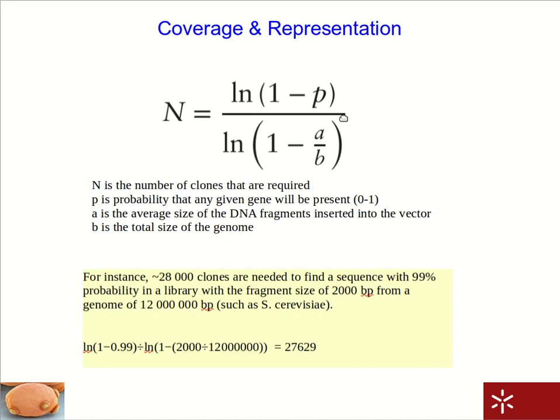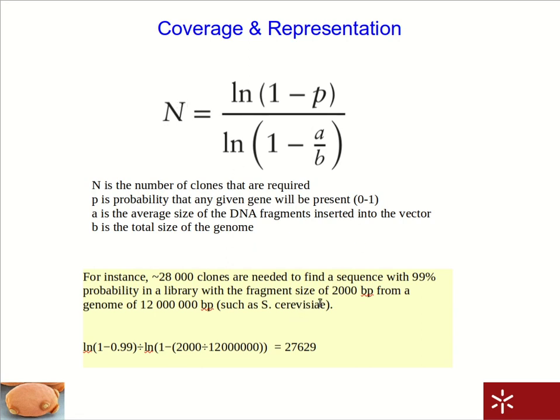So we can see we need more clones if we want a higher probability to find our gene, or the genome is larger. On the other hand, if each plasmid carries a larger insert, we need less clones.